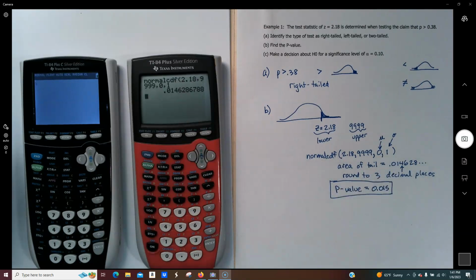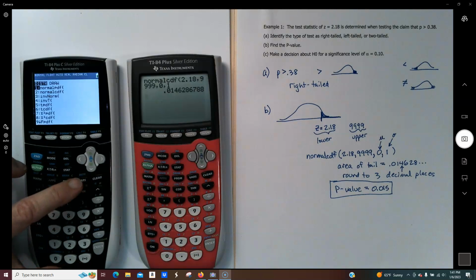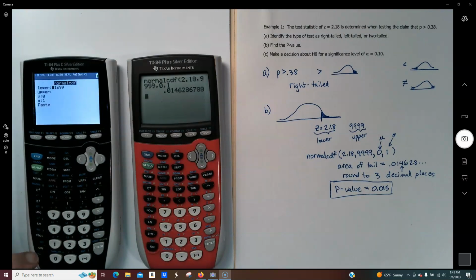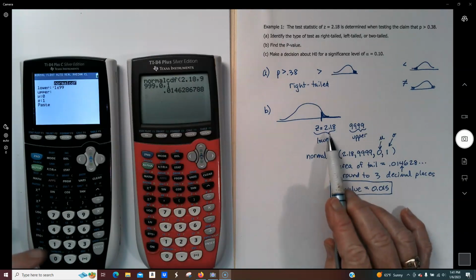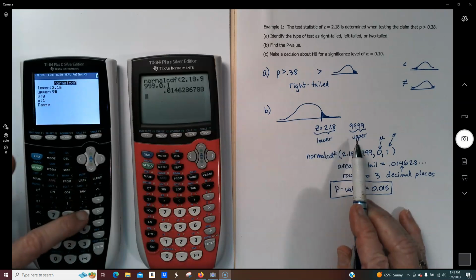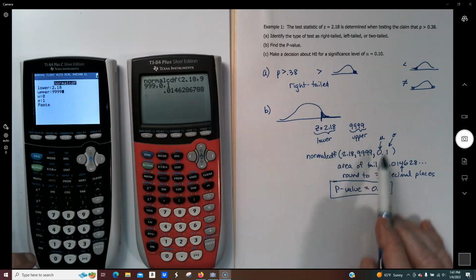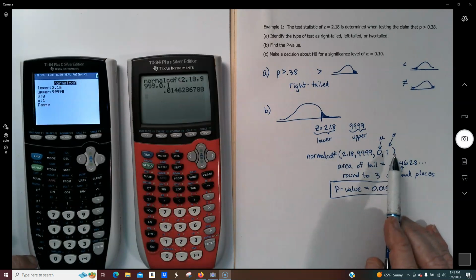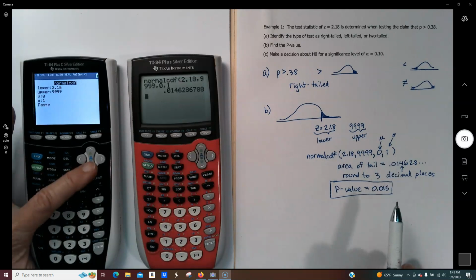Right, let's repeat that with the other version of the calculator. Second variables, option 2 for normal CDF, our lower value is 2.18. Our upper value is 99.99. You can see the mean and standard deviation are default values in the calculator.